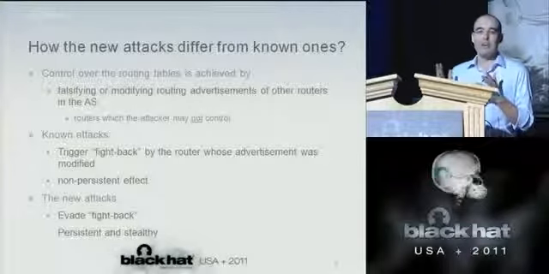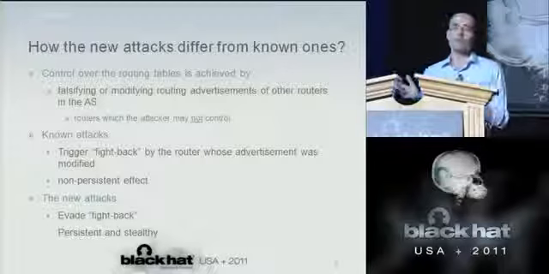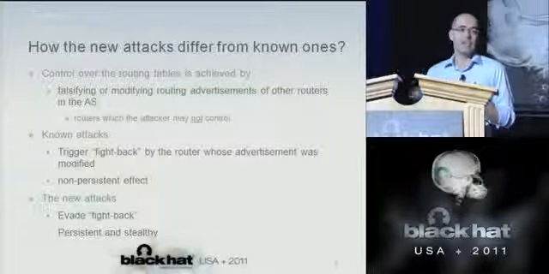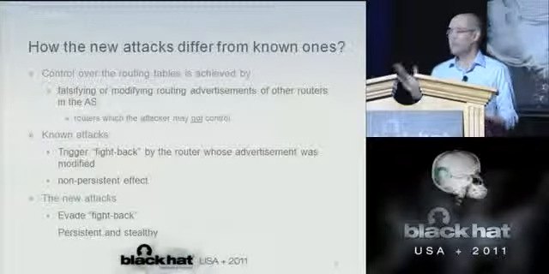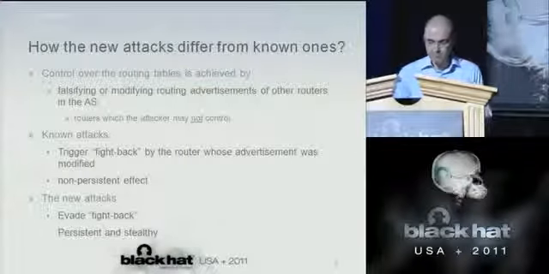This means that practically most known attacks that try to do this were non-persistent. The new attacks I'm going to present today evade this fightback mechanism and allow for persistent and stealthy attacks.